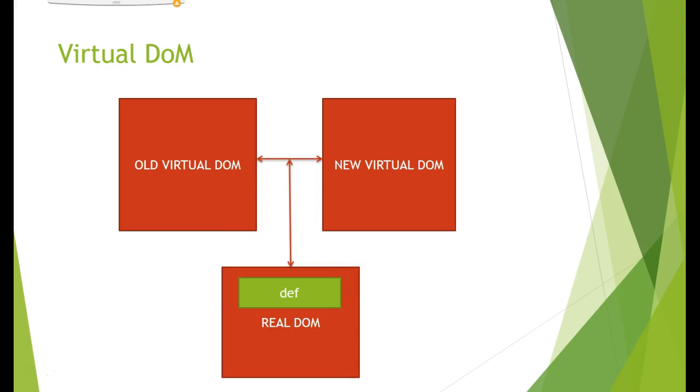When there is no difference, the real DOM is never touched by React. Do you understand this? Only when there is a change, those differences alone are passed on to the real DOM. Otherwise, the real DOM is never touched. This makes React very fast and performance is also great.